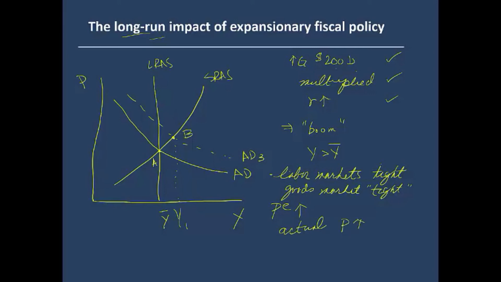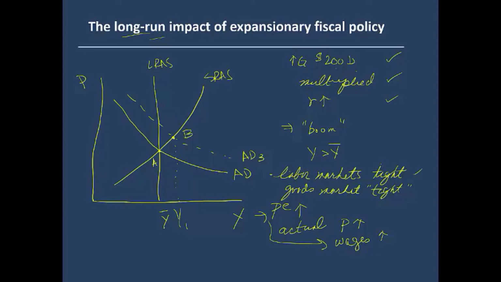That is, the firms that were keeping their prices stuck because of high menu costs now start to raise their prices, and wages start to rise because of the tight labor markets, and the higher price expectations encourage workers to bargain for higher wages, and firms need to comply because the labor markets are tight.